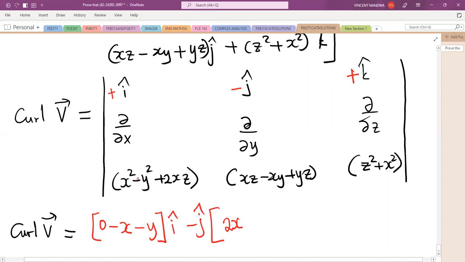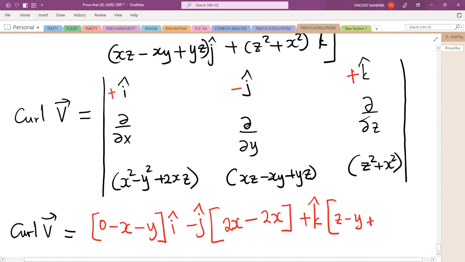Partial Z of X squared minus Y squared plus 2XZ is 2X, plus K. So partial X of this will have Z minus Y, and then partial Y of this vector will be minus 2.